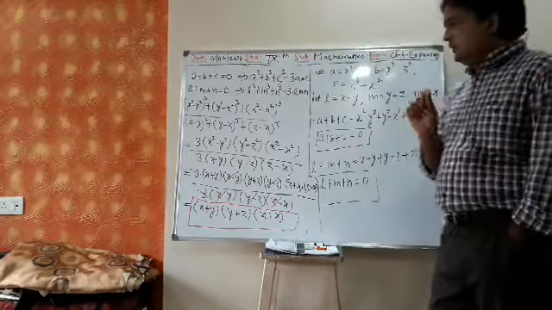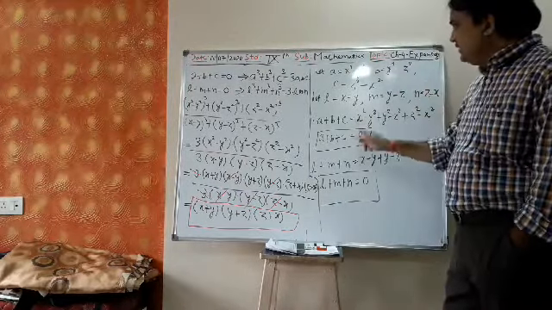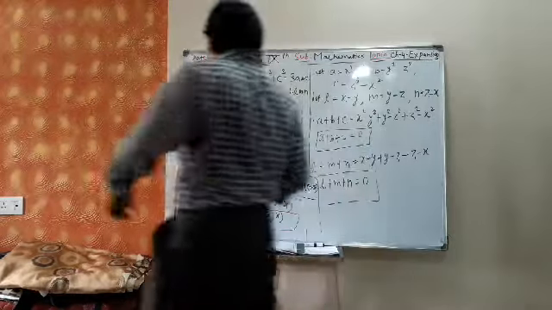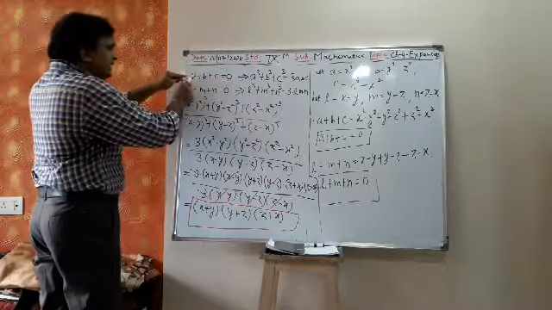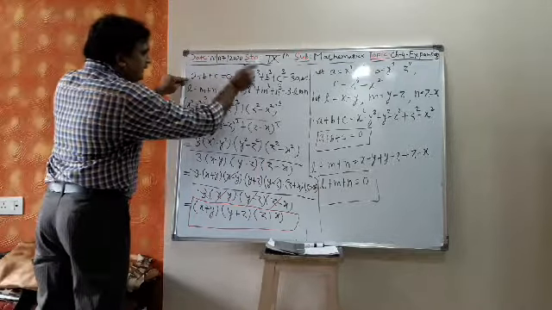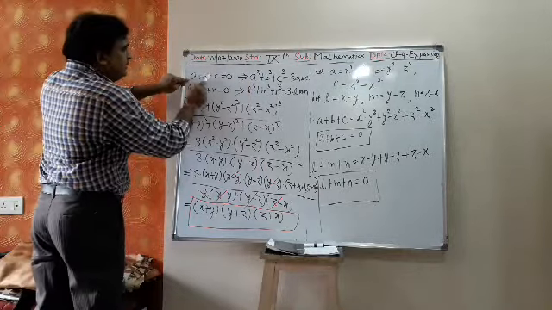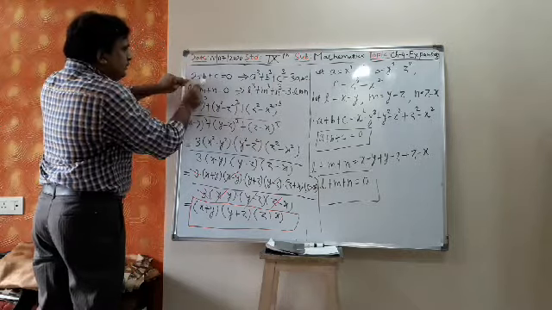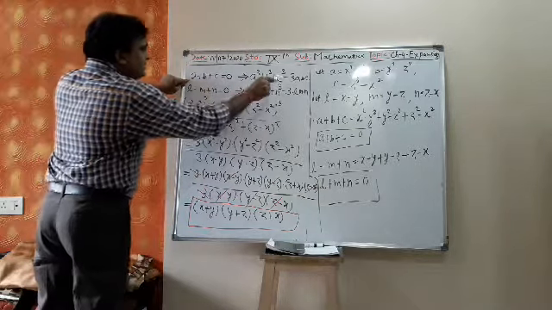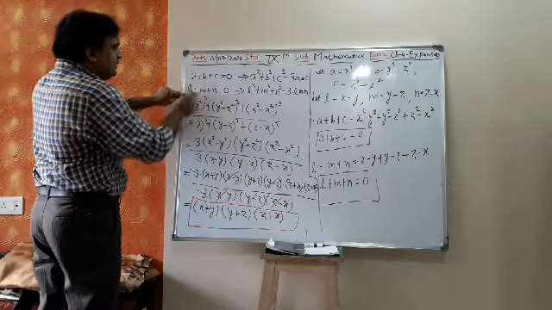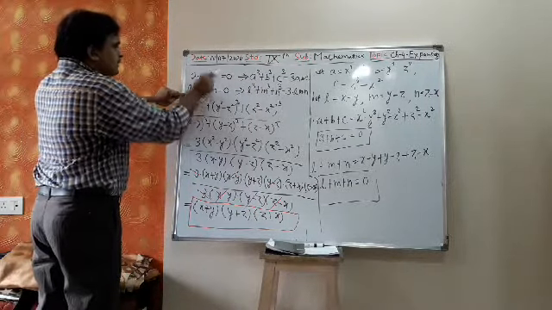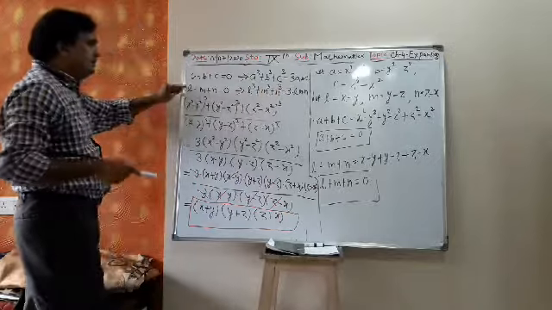So this result you have to remember. Whenever a plus b plus c is 0, if this condition is true, then a cube plus b cube plus c cube is 3abc. Similarly, if l plus m plus n is 0, then l cube plus m cube plus n cube is 3lmn. This result you have to use.